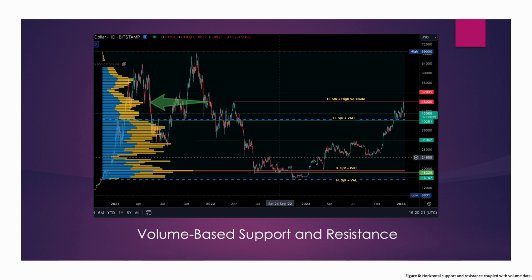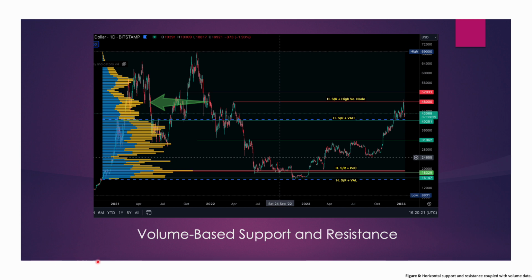Next up is volume indicators. I don't use volume indicators solely as support and resistance, but they do provide a lot of confluence, because what the volume tells you is the numbers of buyers and sellers in each level.